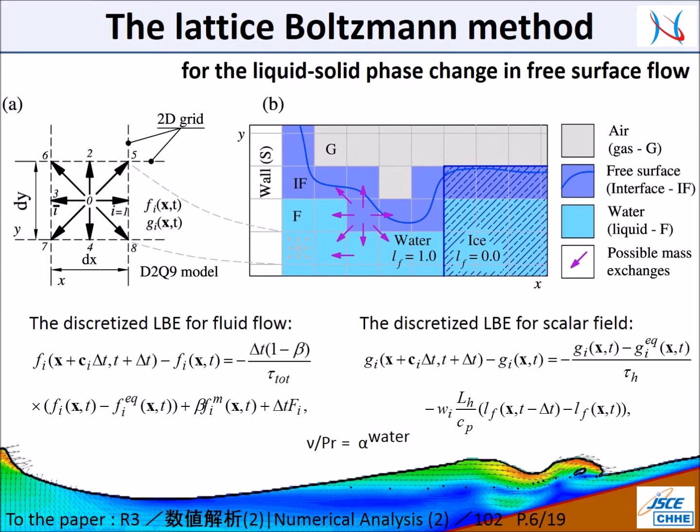Interface and fluid cells consist of ice and water, depending on the value of the liquid fraction LF. The two main equations that need to be solved are shown below, for fluid flow and scalar field. These two equations are coupled to each other based on a physical relation, like the Stefan number.